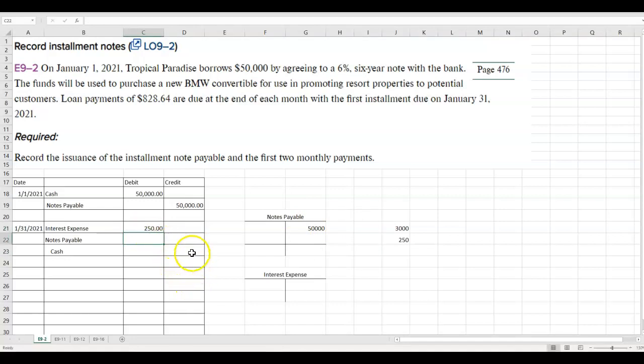The amount of cash that we're going to pay is always the same, $828.64. The amount that the note is reduced by is the difference between the interest and the cash we paid. So the cash minus the interest expense, $578.64. Now we need to post $578.64 to the notes payable account. Whoops, I think we need to be able to see the decimal points on these.